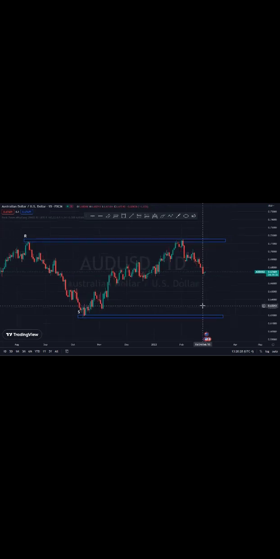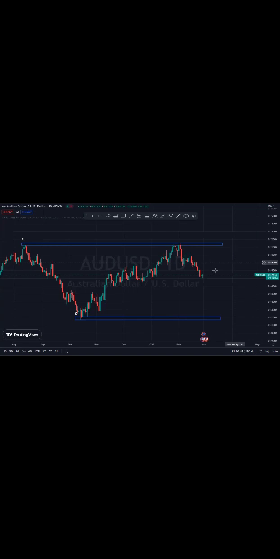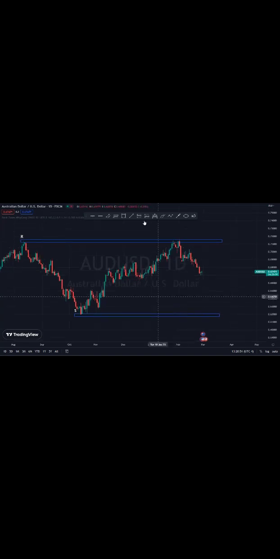What you can also do on the daily is try to find the trend. As we can see here, price is going up, which means from here to here, we've been in an uptrend. So if you can place a trend line on the daily, do so. If you can't, it's fine, we're gonna move down to the 4-hour. As I can see on the daily, I see an uptrend here, so I can place my trend line right here.